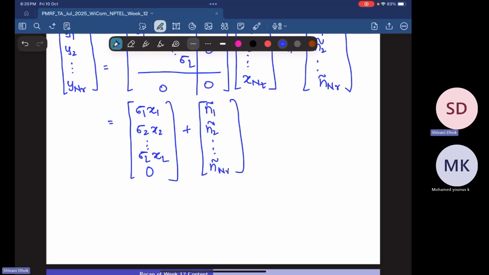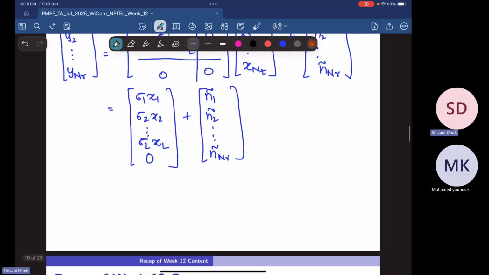So now I have the parallel decomposition of channels. I have L parallel channels because from L plus 1 to NR it will be 0. Hence this particular structure is known as the parallel decomposition of the channel. Then we use this parallel decomposition to figure out the capacity and all those things.